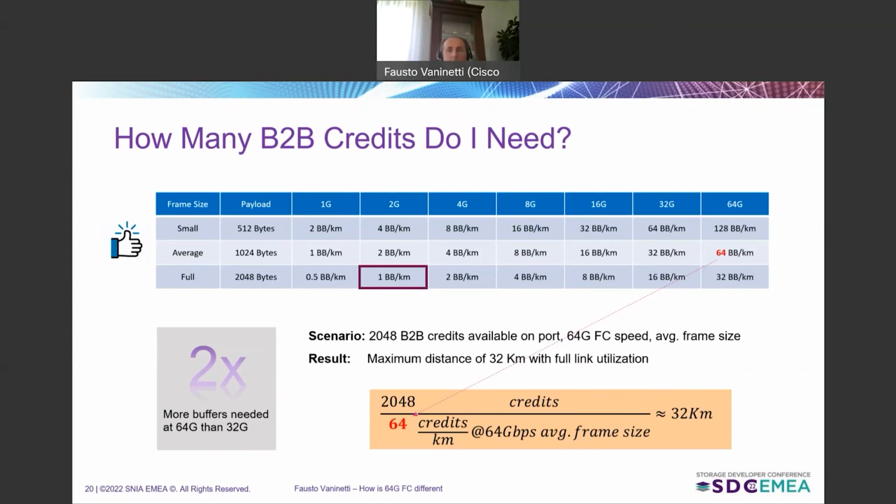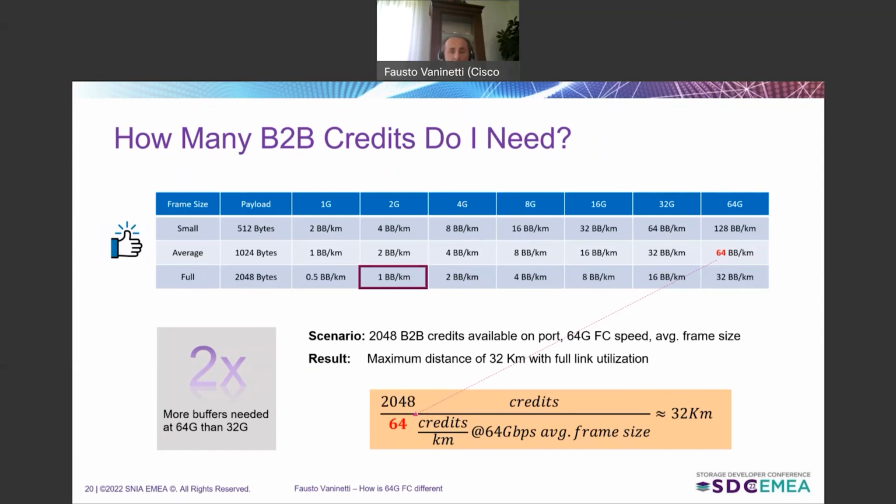So, for example, when running at 64 gig fiber channel with an average frame size that will be 1 kilobyte approximately, you would need 64 buffer-to-buffer credits per kilometer. So in the scenario where you have 2,000 buffer-to-buffer credits on a port and you want to run 64 gig fiber channel with an average frame size, your maximum distance for full link utilization will be about 32 kilometers.